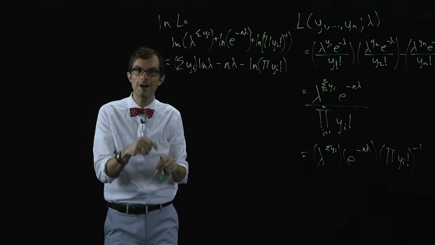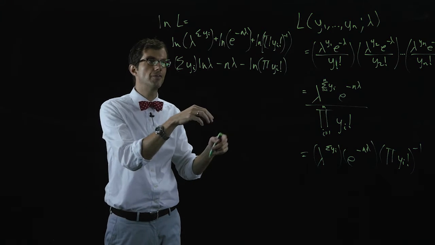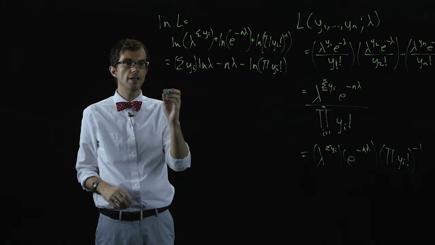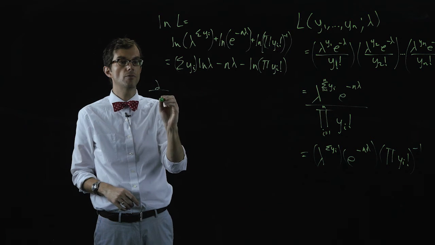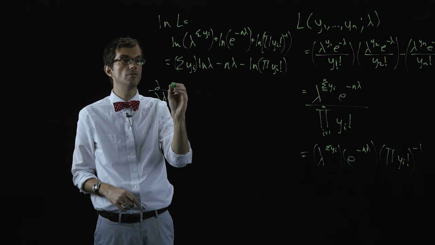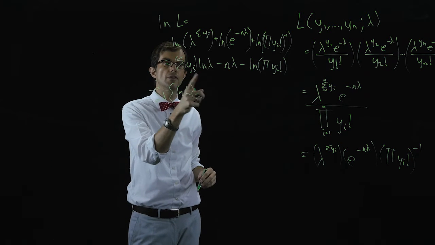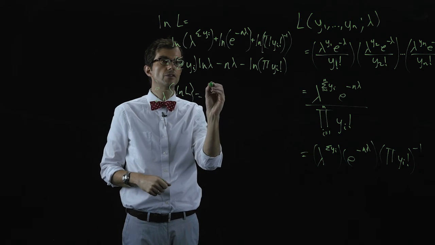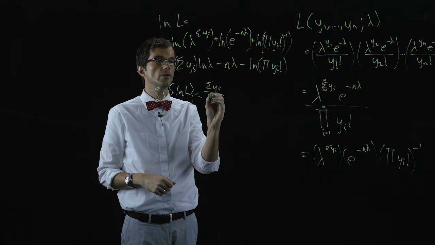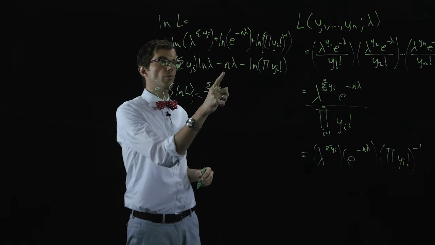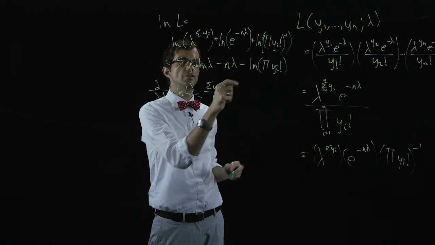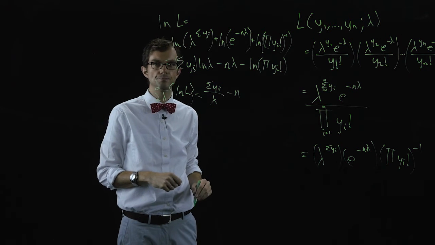Okay, so now all we have to do is take the derivative, set the derivative equal to 0, and solve for lambda. Easy. So the partial derivative with respect to lambda of the natural log of L is the partial derivative of this with respect to lambda. That's just the sum of y sub i's over lambda. The partial derivative of this with respect to lambda is just minus n.